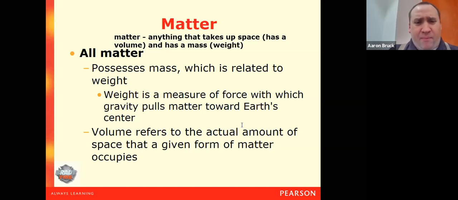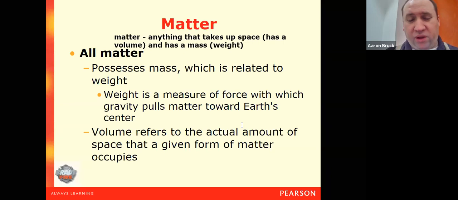Now again, mass and weight, so long as we are on planet Earth, tend to be interchangeable because the gravity on planet Earth is relatively constant and consistent regardless of where you are.